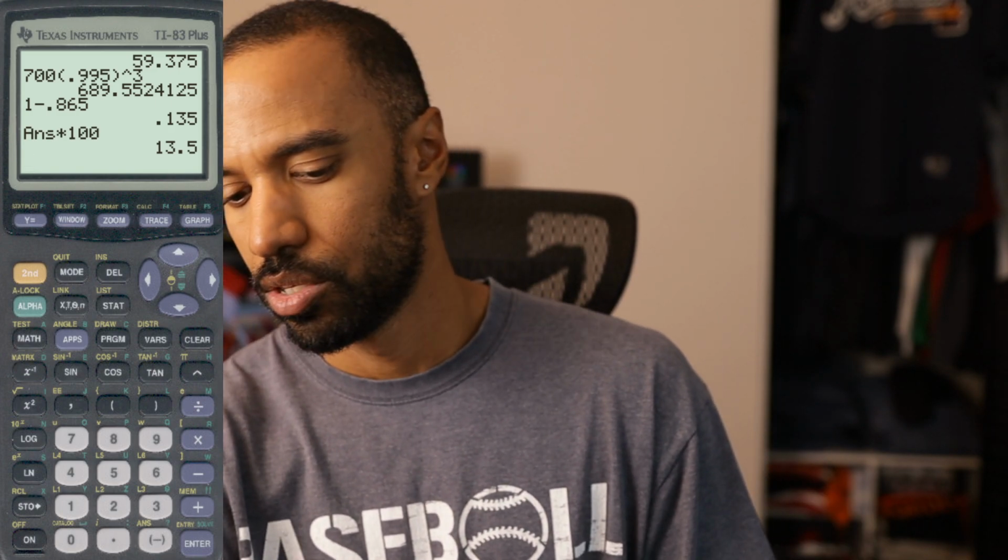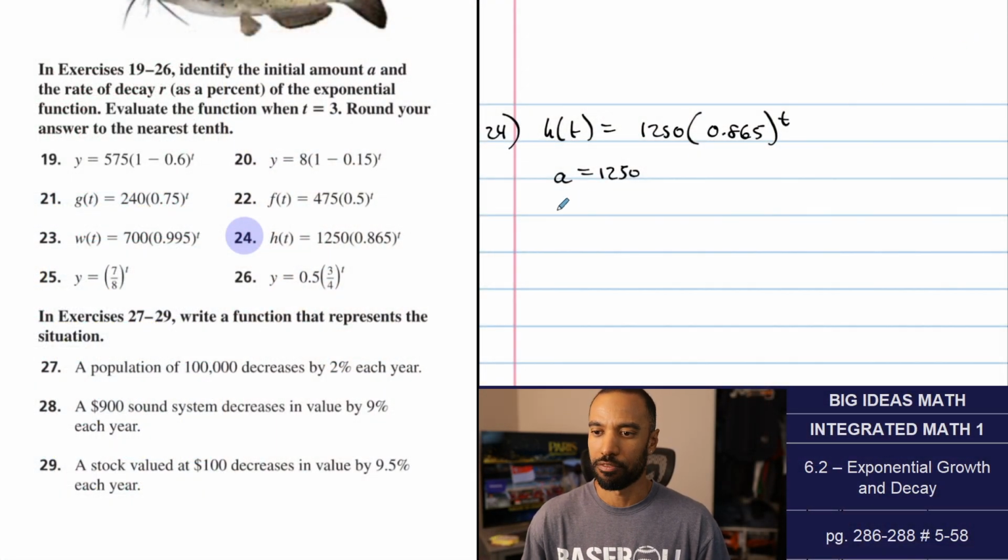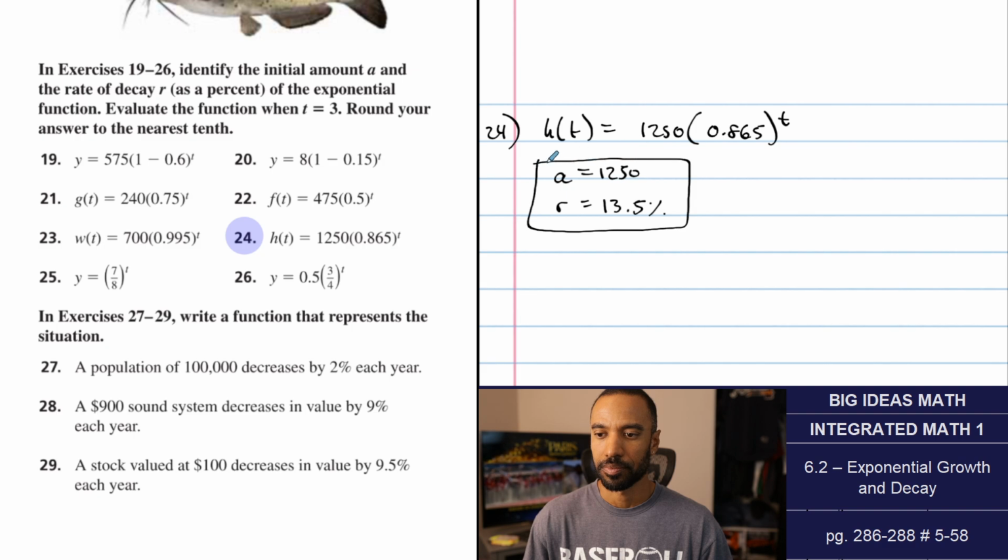So if I do 1 minus 0.865, I get 0.135. Now times 100 is the percentage version of this R, right? So that's the decimal version. Here's the percentage, 13.5%. So we're taking away 13.5% of something, and you have 86.5% left. That's how that works. 13.5% decay.